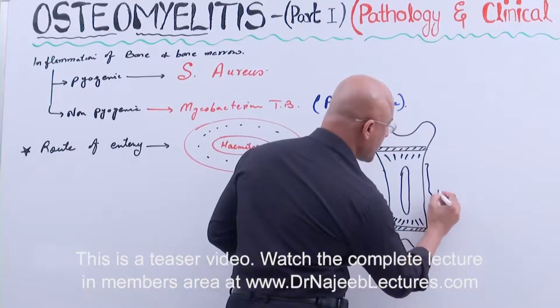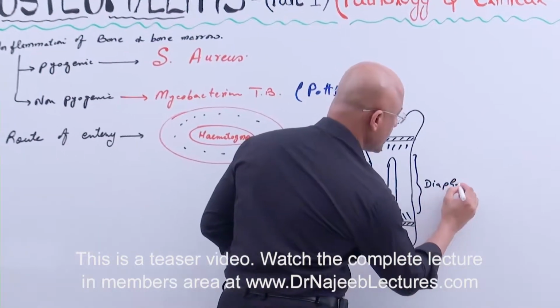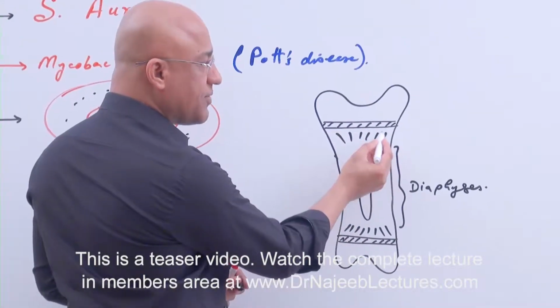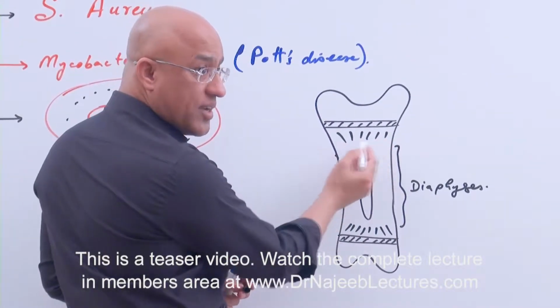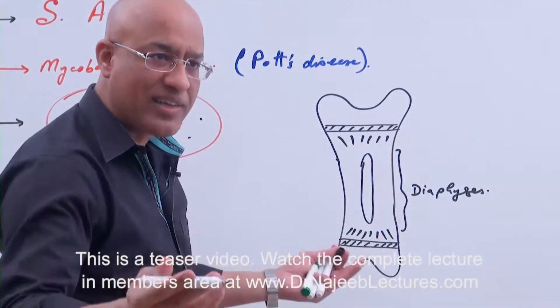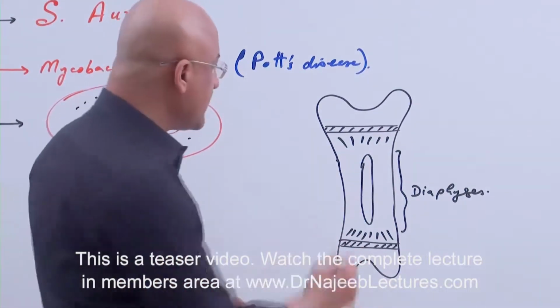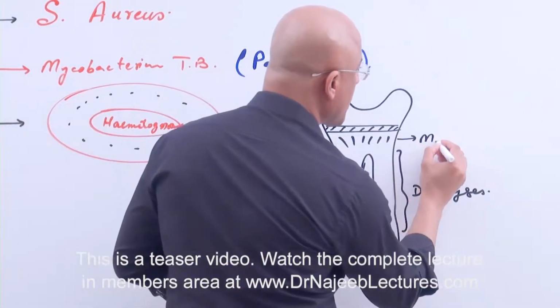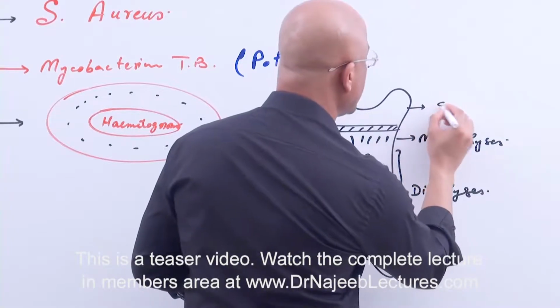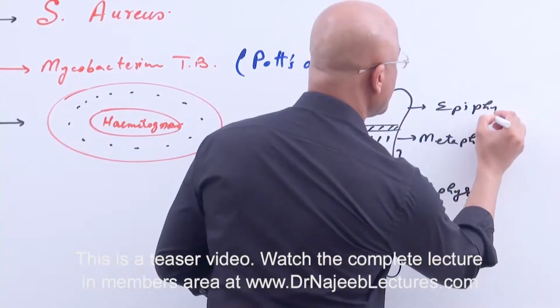What is this? Diaphysis. And that part of the diaphysis which is growing, the ends of the diaphysis which are growing in children, is called the metaphysis. And the upper part is the epiphysis.